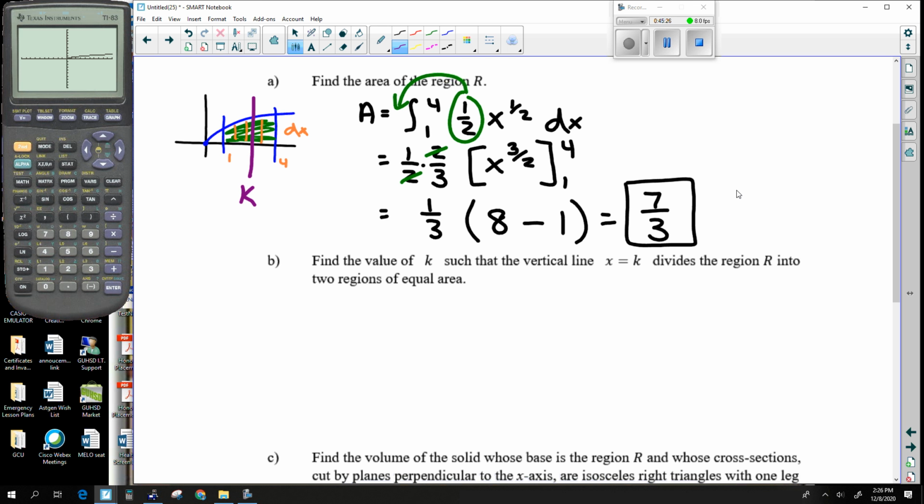I'm going to integrate from 1 to k and make sure that is equal to 7/6. The area they speak of is an integral from 1 to k of the same thing, but I know that the answer is going to be 7/6.